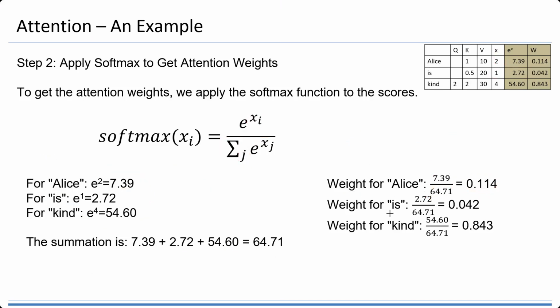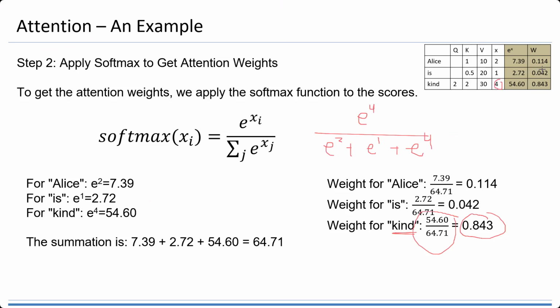What about the weight for kind? The weight for kind means we have e to the power of 4 divided by e to the power of 2 plus e to the power of 1 plus e to the power of 4. Then we got this number, and this is the weight for the word kind.